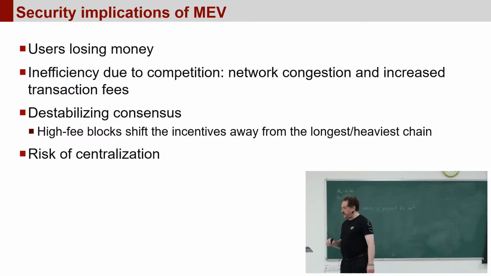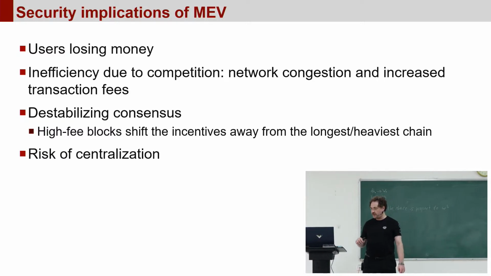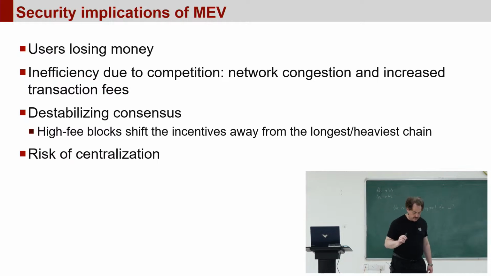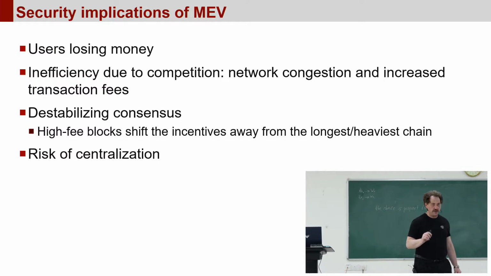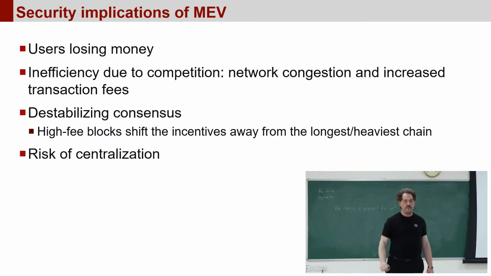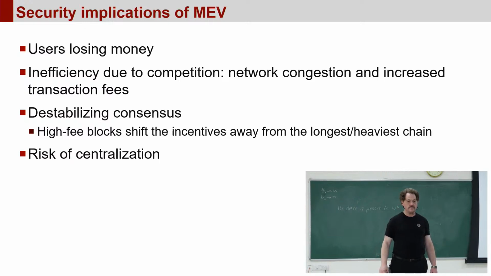For example, it increases transaction fees. As I mentioned, the most common technique to guarantee front running is to give a high fee to the miner. And we have a lot of MEV searchers competing with each other. Each of them wants to be the first. That drives the fees up.